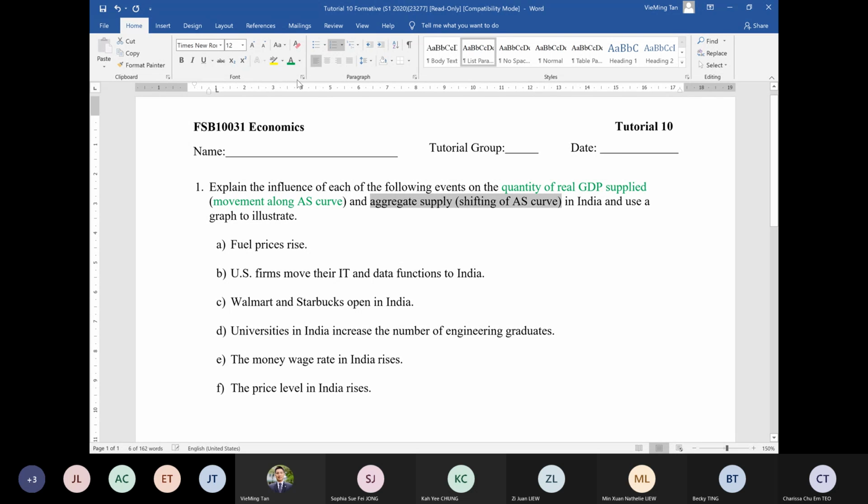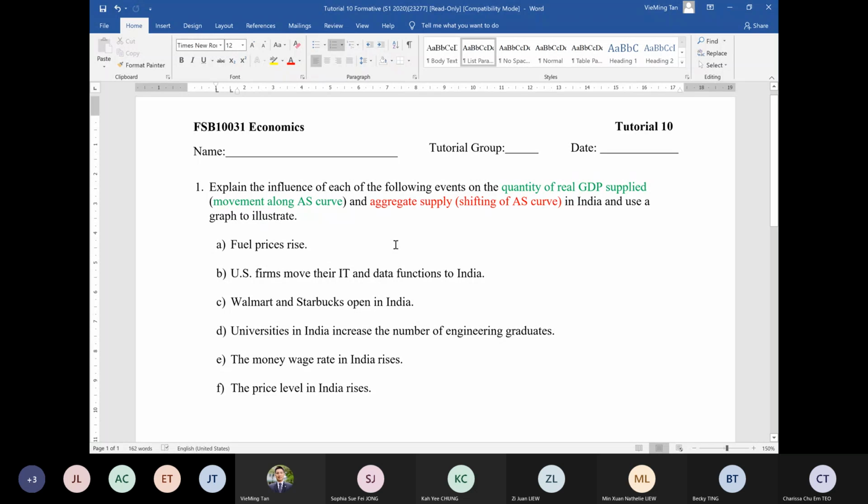Which are the cost to employ labor, cost for capital, and cost for natural resources. All of these production costs will affect the aggregate supply and shift the aggregate supply curve either to the left or to the right at a similar price level.